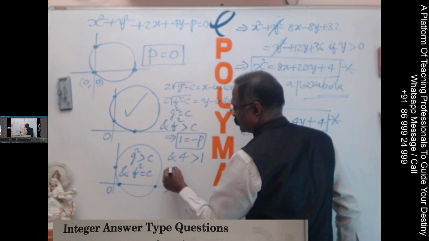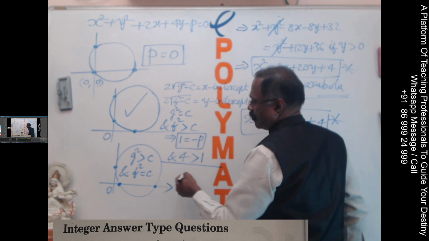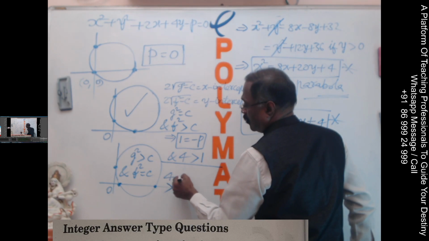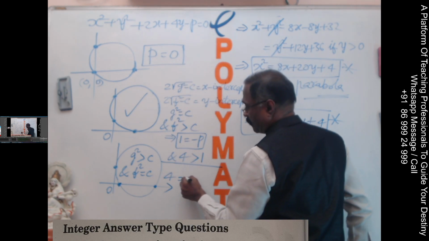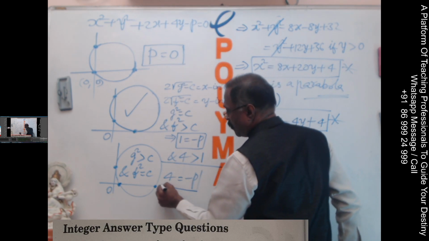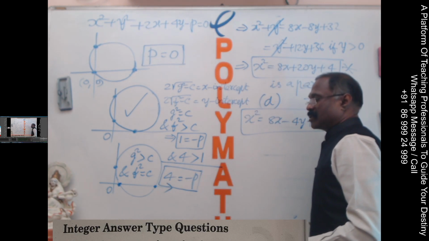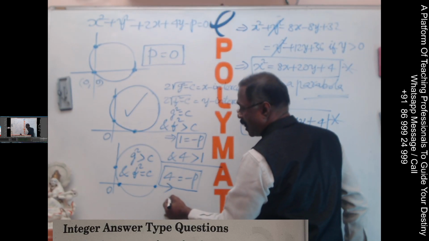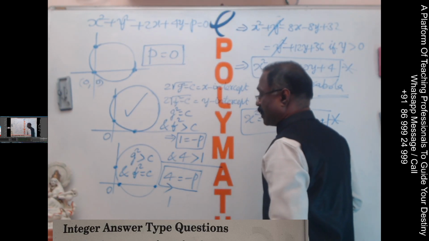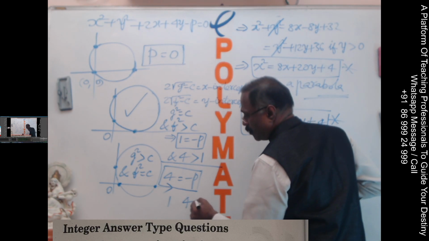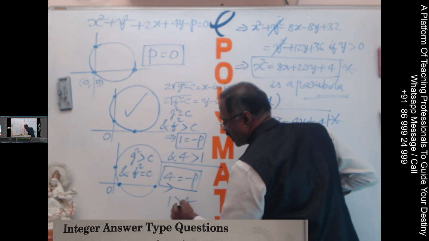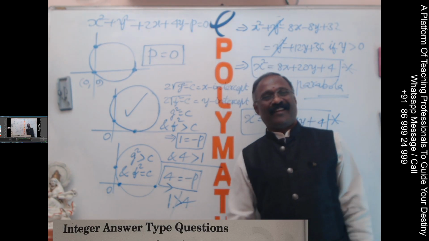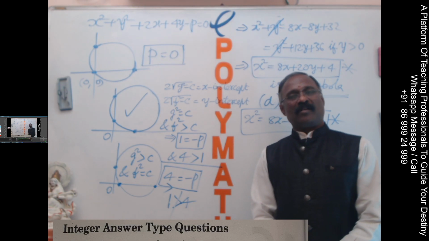Let us find out f square first. f square is 4. What is c? Minus p. So the value of p is minus 4. What is g square there? 1. What is c there? Minus p, which is 4. 1 is greater than 4, which is not possible.